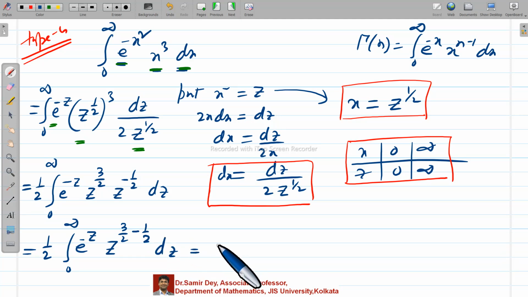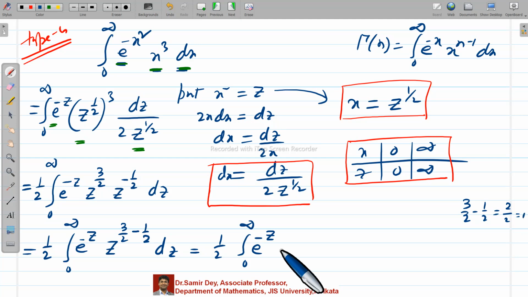How much is coming? 3 by 2 minus 1 by 2 is 2 by 2, which means 1. So z to the power 1 dz. Is it clear?